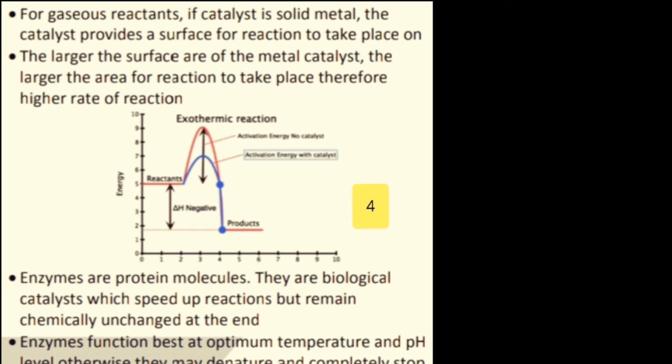Next point we have to discuss here, enzymes. Enzymes are biological catalysts. They are made of protein. Enzymes activate different types of chemical reactions which take place inside the living body, living cells.